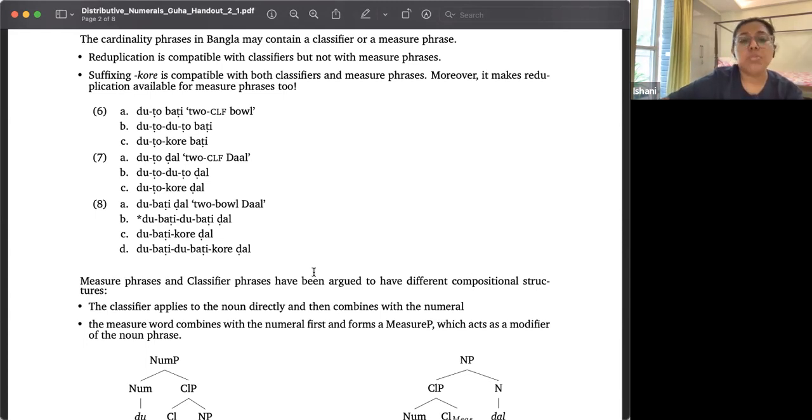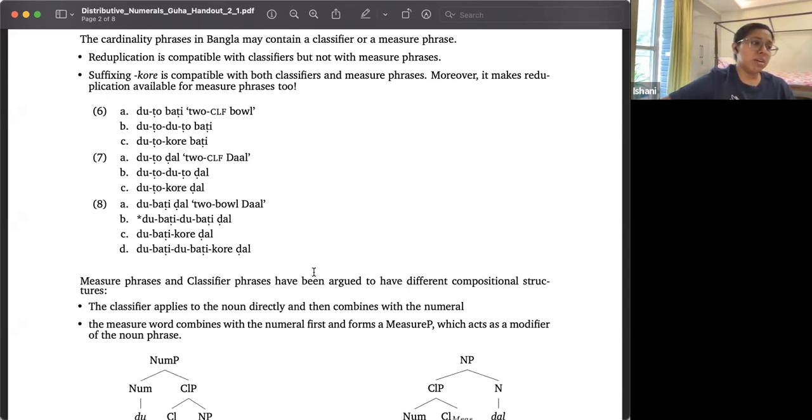The moment you tell them a reduplicated measure phrase, invariably I've seen Bangla speakers make a face, like they don't like it. They don't like to hear it. And then they would give you justifications of scenarios where they could use that kind of expression.